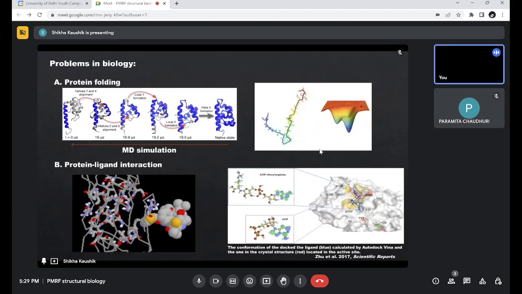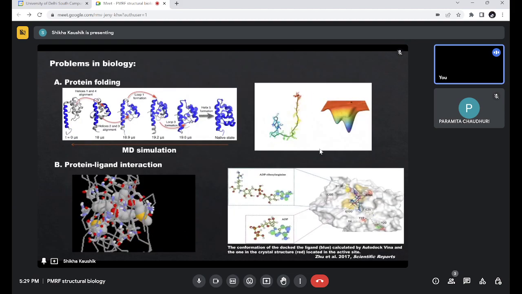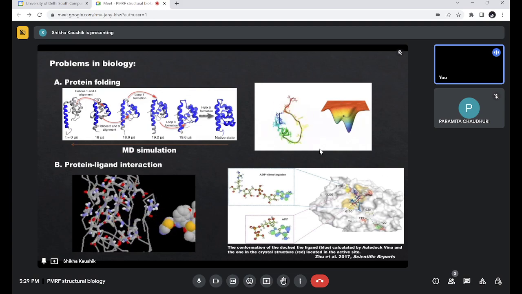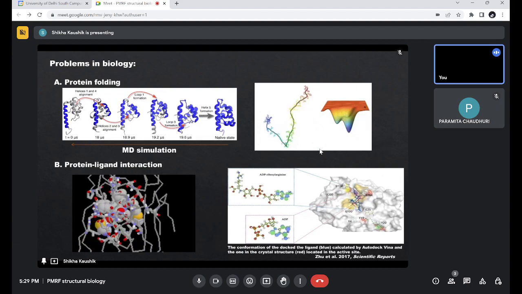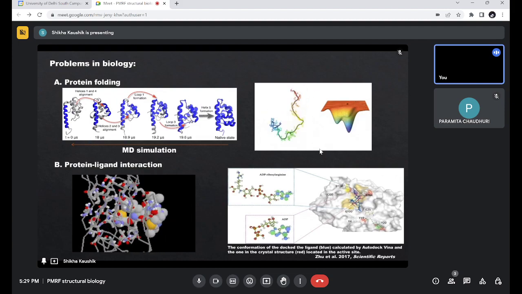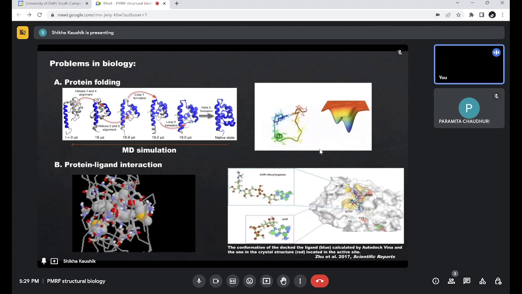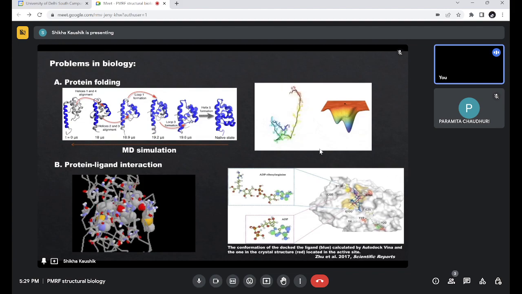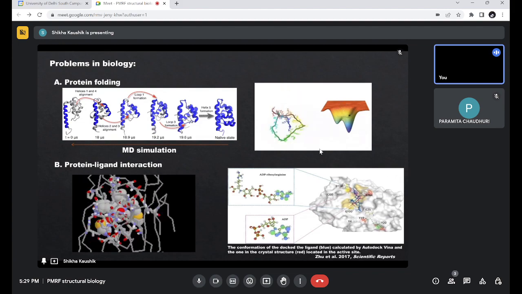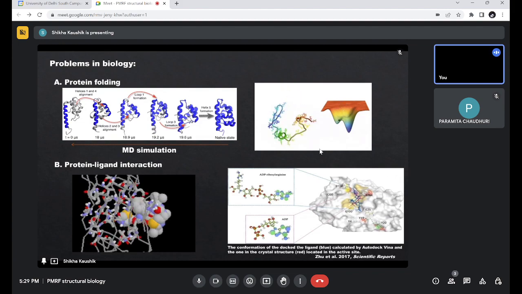Now, the problems in biology. Whenever we talk about something new that is solving our problem, we need to address certain problems with the help of these tools. There are so many problems in biology, especially when we are studying a system at the laboratory level.